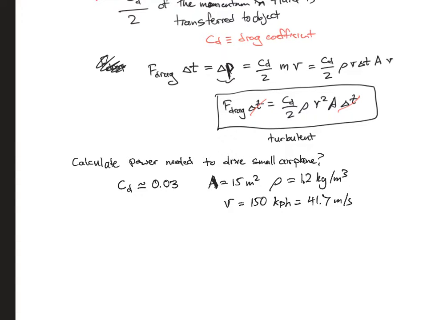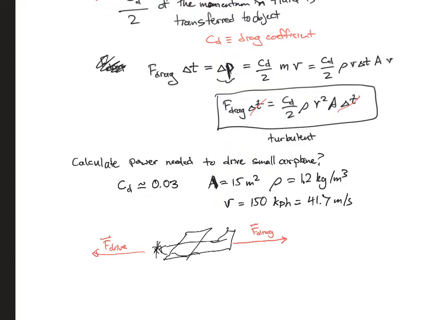So first, maybe let's draw a free body diagram for the plane. So here's the plane with its tail and its propeller here. And there is a force being applied forward from the engine. And if the plane is moving at constant speed, that will be equal to the drag force, which is acting backwards on it.